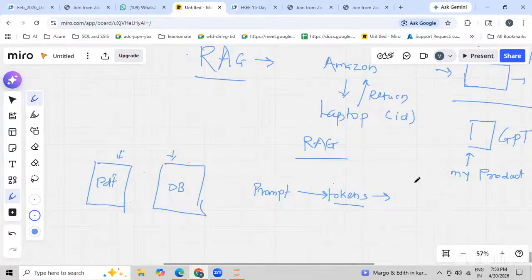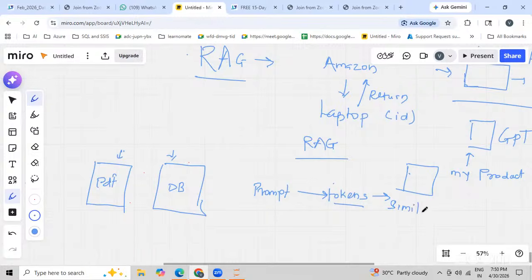Now, this prompt will be searched in the LLM. First, the LLM will search its database: is any data related to this return policy? If it is not getting the data, then what happens? The prompt and these tokens, the embeddings they get from the user, they will search for related information, by similarity.